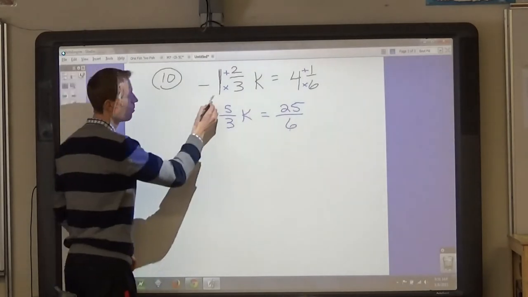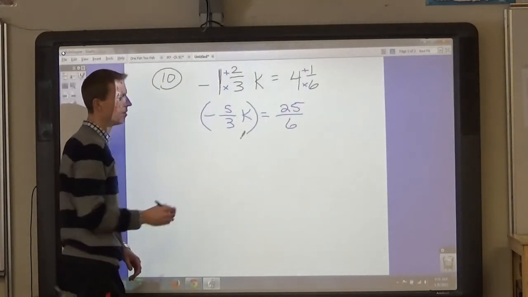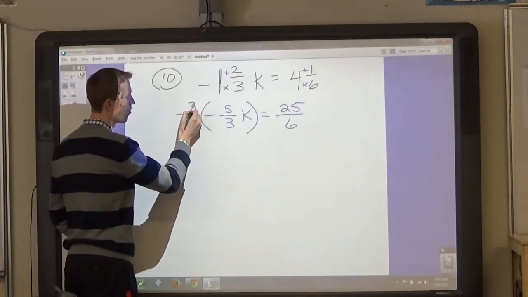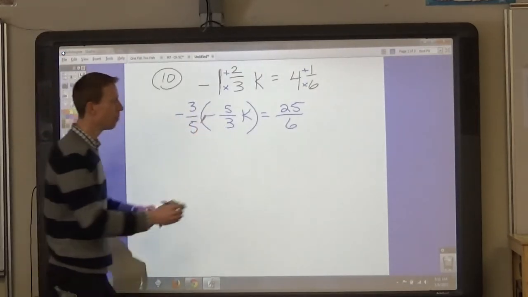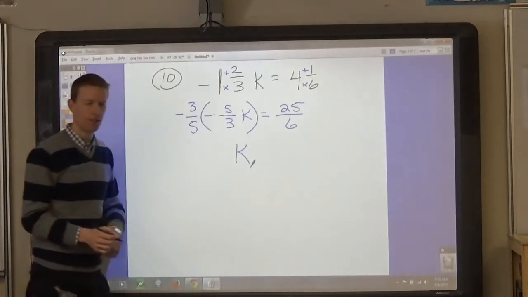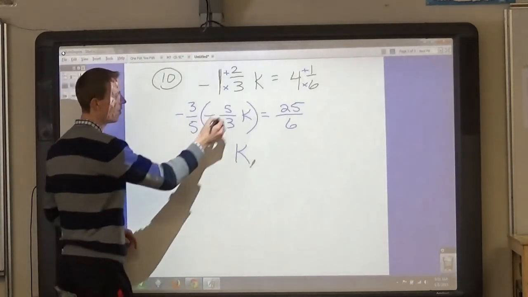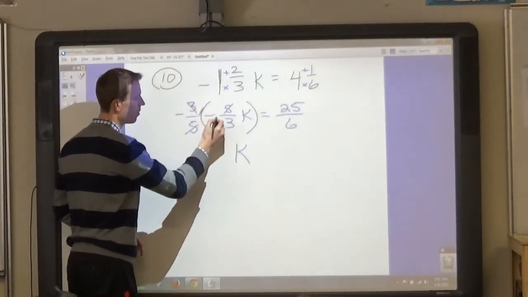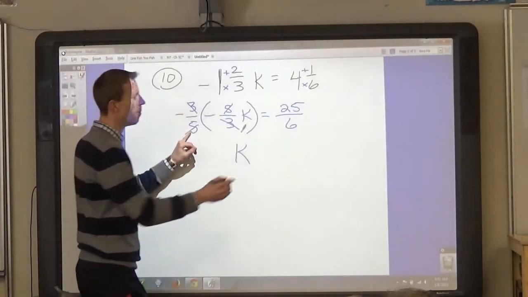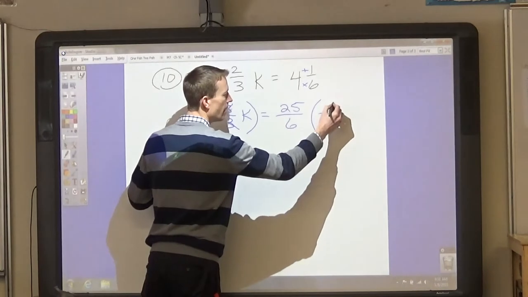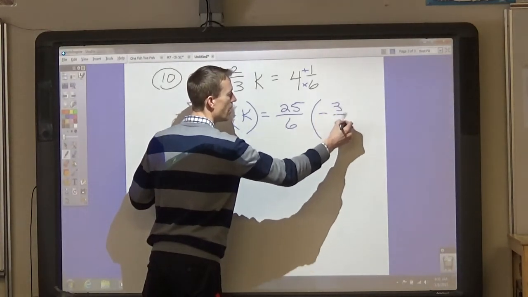Now, multiply by the reciprocal, negative 3/5. We have to use a negative times a negative to get positive k. Right? Cross out the 5s, cross out the 3s. Then multiply by negative 3/5 on the other side.